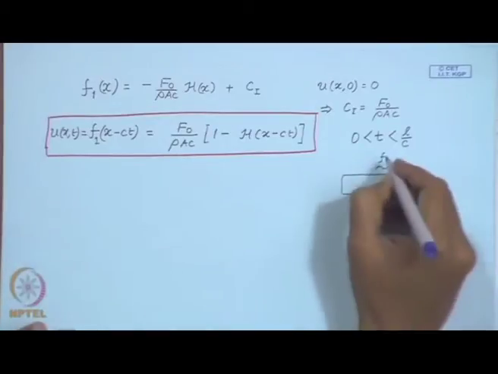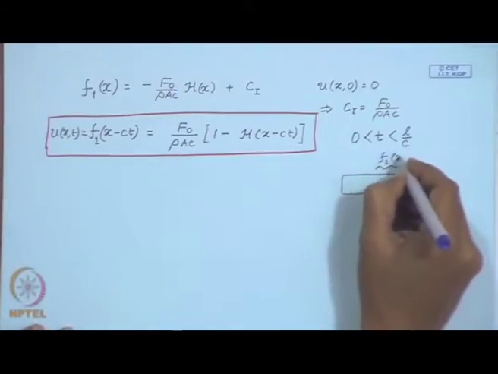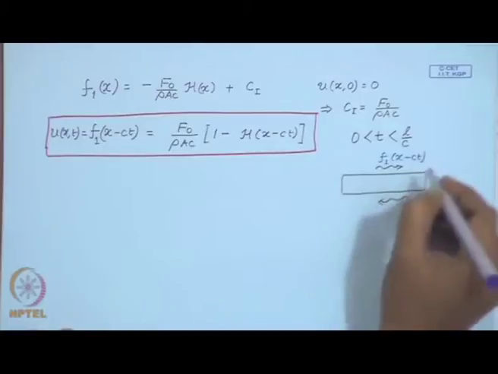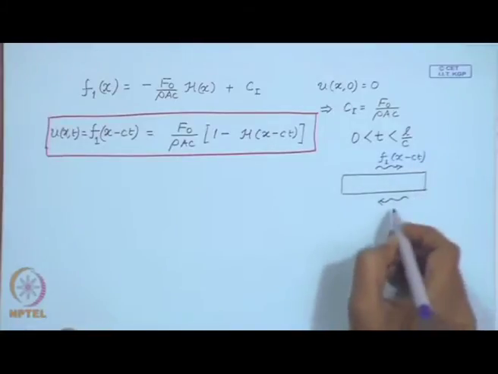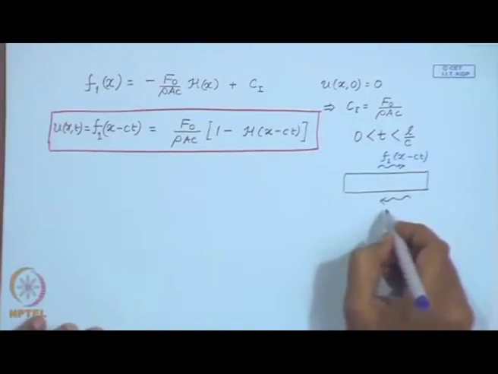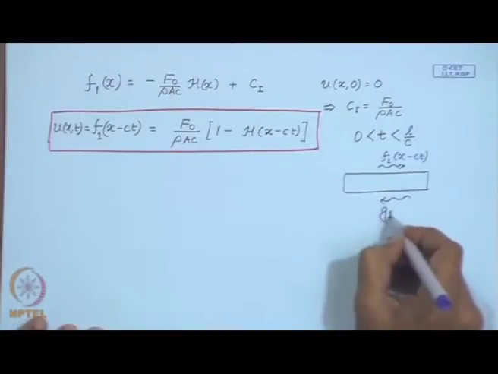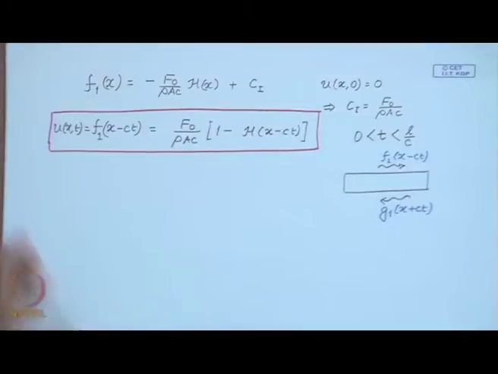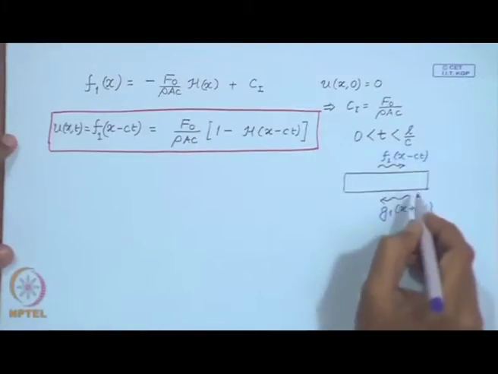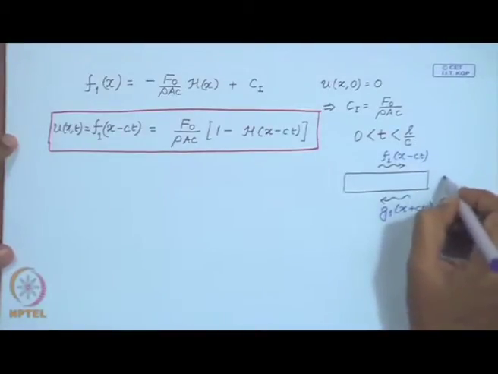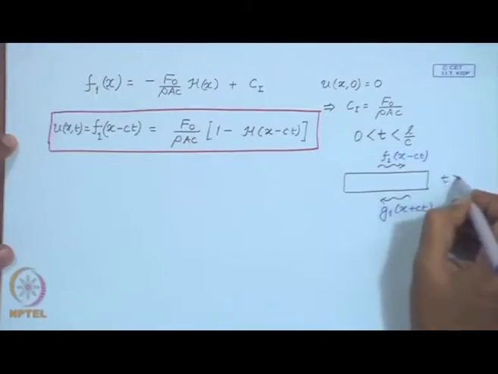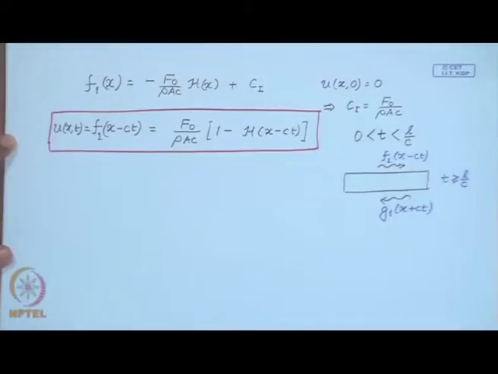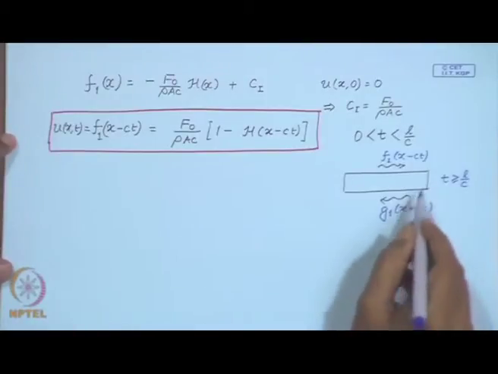This is f 1, that is incident on the right boundary, and what gets reflected I will represent as g 1 of x plus c t. This takes place at t greater than or equal to L over c.